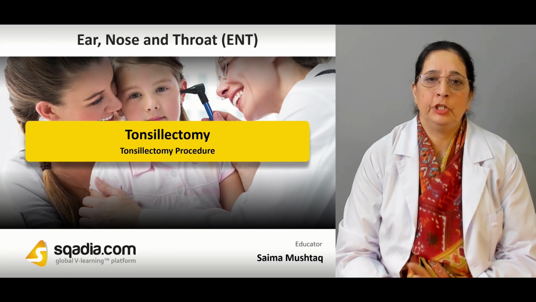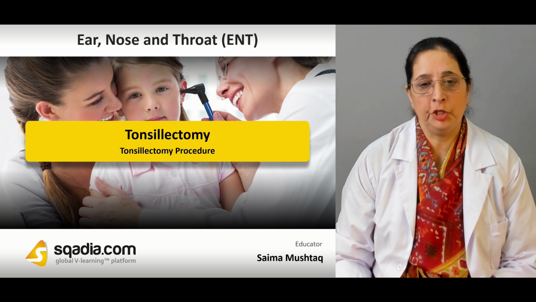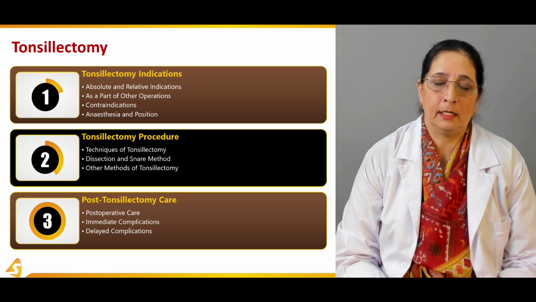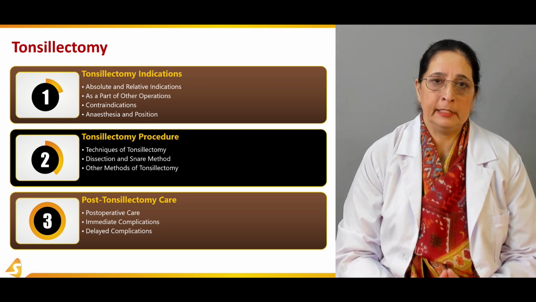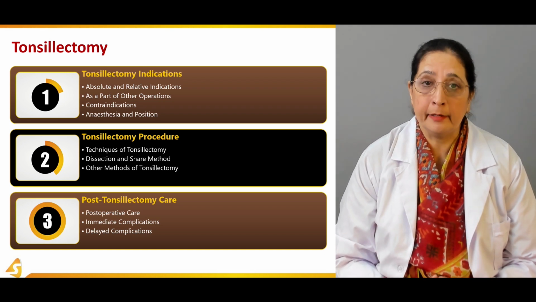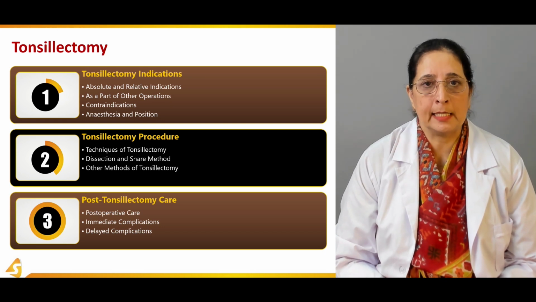In the second section, we will talk about different tonsillectomy procedures and the different techniques used for tonsillectomy. Especially, we will discuss in a little detail the dissection and snare method, which is very commonly performed for tonsillectomy.